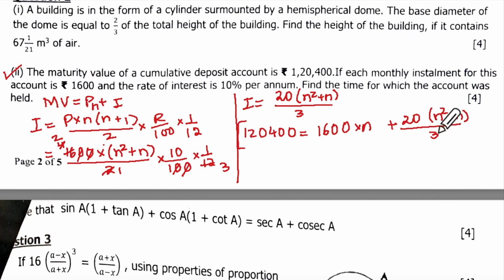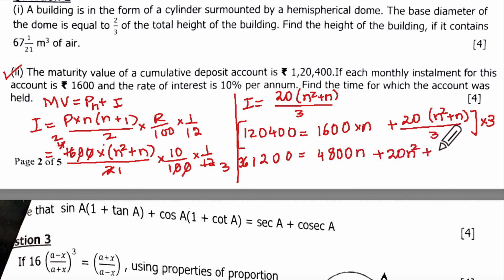And then when you multiply the whole thing by 3, you will have here 0, 0, 3 4s 12, 3 2 6, 361200, and here it will be 4800 n plus 20 n square plus 20 n, because this 3 and this gets cancelled.